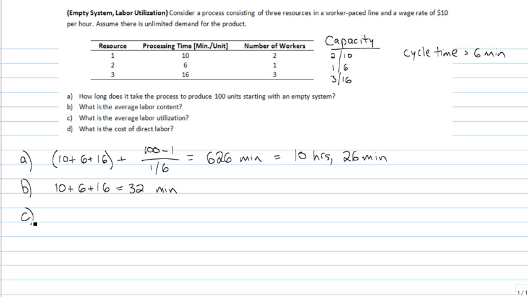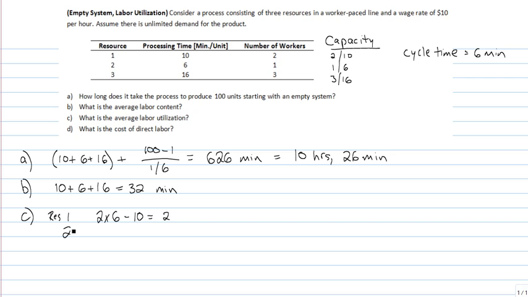For part C, to calculate the average labor utilization, we first must determine the idle time per worker. This is equal to the cycle time times the number of workers minus the activity time per worker. So, for resource 1, this is equal to 2 times 6, which is the cycle time, minus 10, which is the activity time, or 2 minutes of idle time.